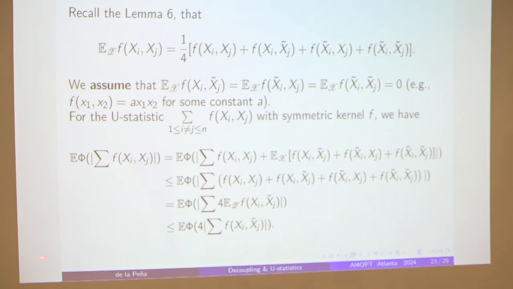So the proof is actually 1, 2, 3, 4 lines. As you see, all the proofs are easy. And I succeeded. So I have shown you the upper bound.